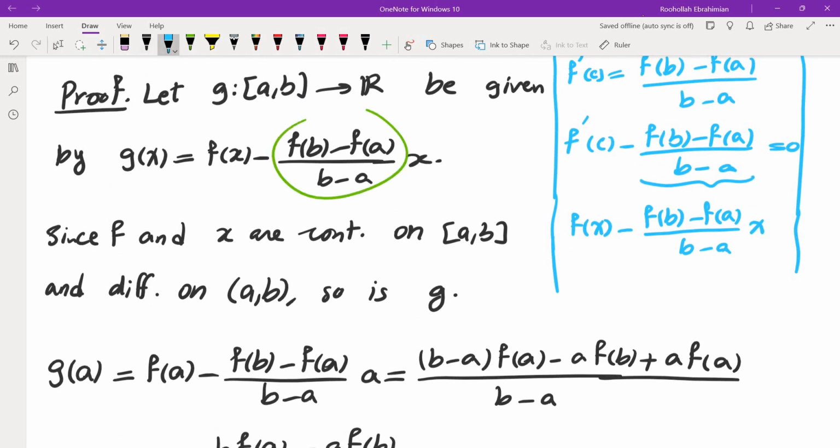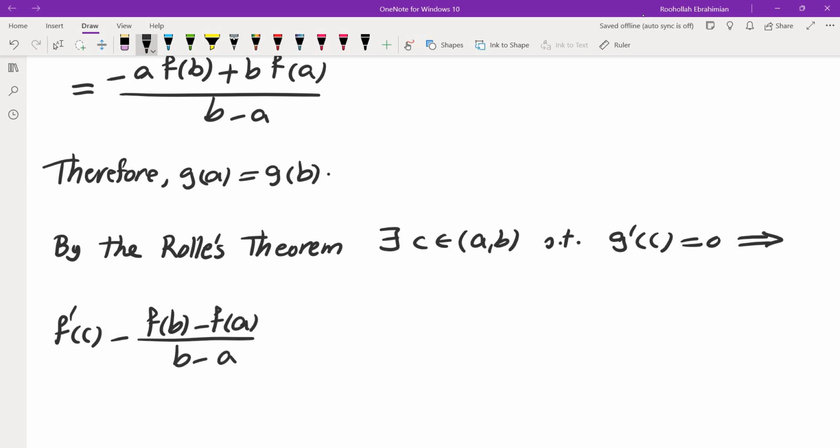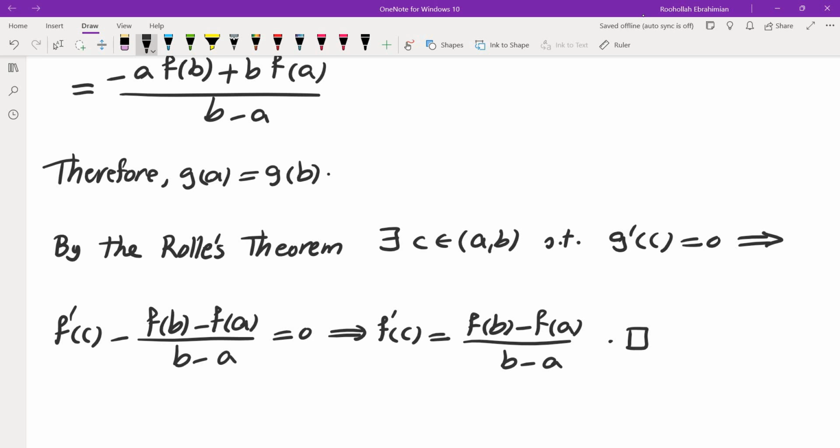So it becomes f prime of c minus f of b minus f of a over b minus a equals 0, which means f prime of c is equal to f of b minus f of a divided by b minus a. And that's exactly what we wanted to prove.